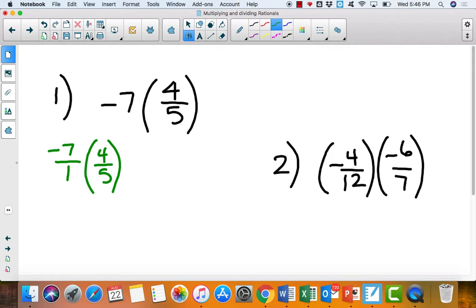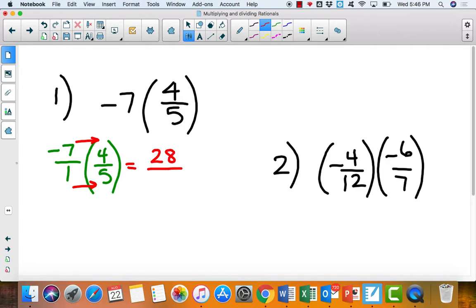Step number 2 says to multiply straight across. Well, 7 times 4 is 28. 1 times 5 is 5. Step number 3 says to reduce if possible. I cannot reduce. Step number 4 says determine the sign.